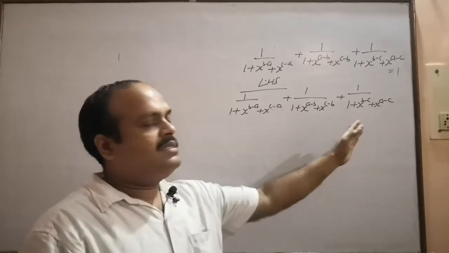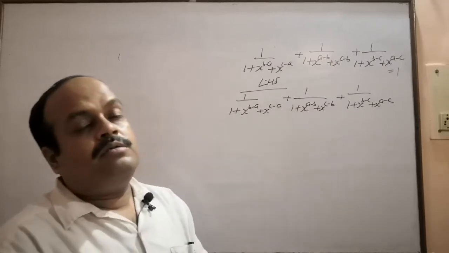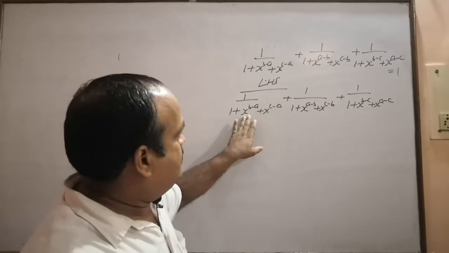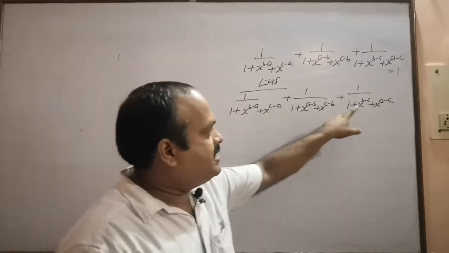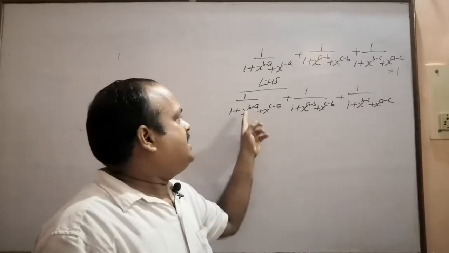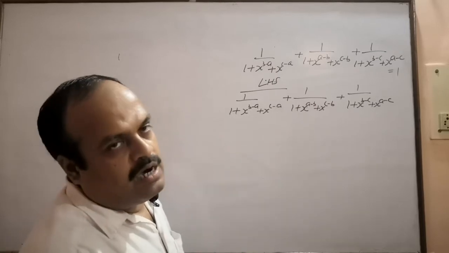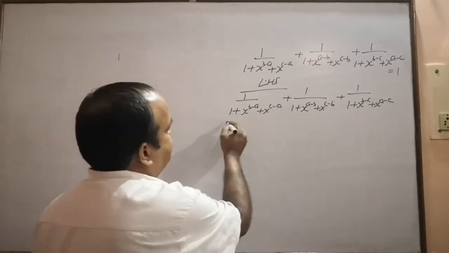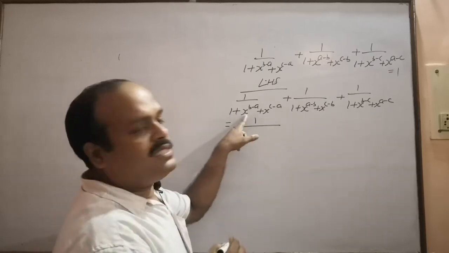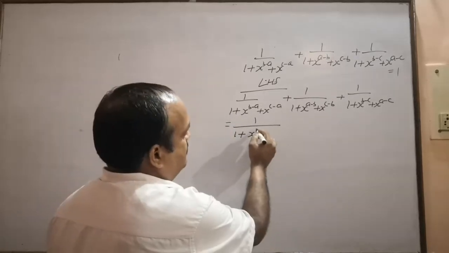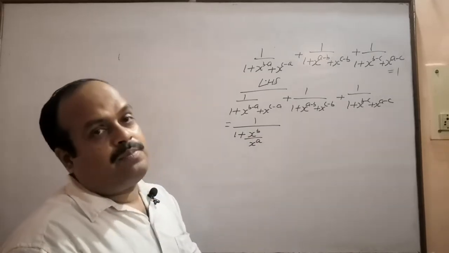To simplify the sum of these three fractions, first we will change the terms of each of the fractions. Each of these exponential terms we will change to fractional terms. How? Please see. 1 upon 1 plus, this exponential term can be written as x to the power b upon x to the power a by using the converse of the quotient law.